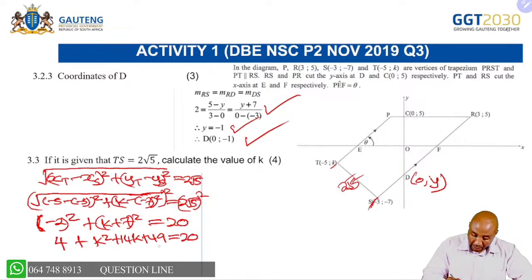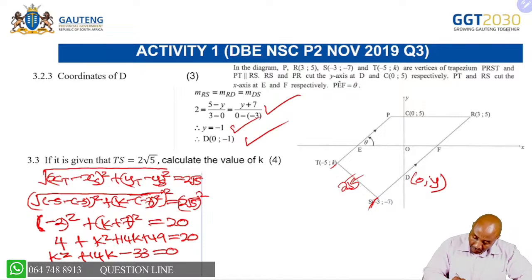If I bring 20 to this side and I bring 4 as well, this will give me k squared plus 14k, 49 plus 4 will give us 53, minus 20, that will give us 33, equals 0.